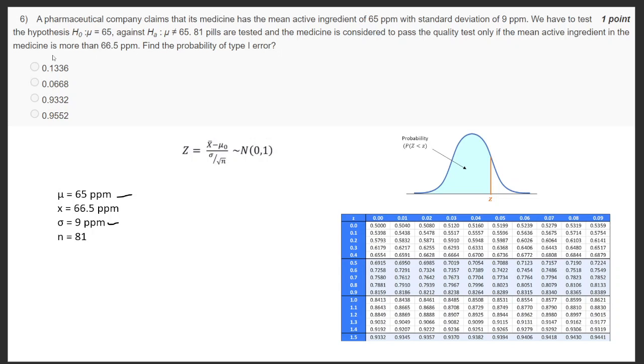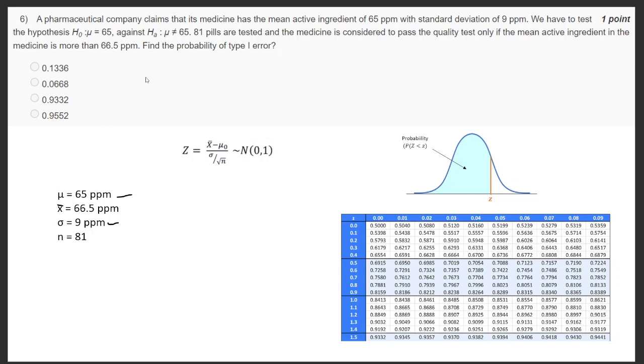We have to test the hypothesis H naught: mu is equal to 65 against H alternative, HA: mu is not equal to 65. The number of pills tested is 81. The medicine is considered to pass the quality test only if the mean active ingredient is more than 66.5. That's x bar, x bar is 66.5.